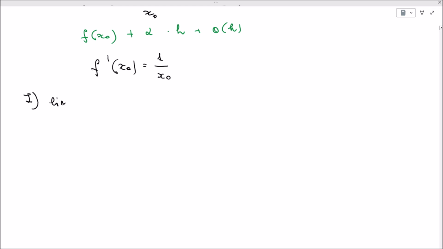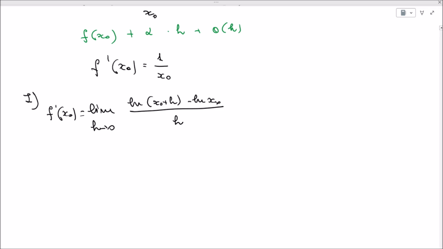Let's write f prime of x naught as the limit as h goes to 0 of the logarithm of x naught plus h minus the logarithm of x naught, divided by h.